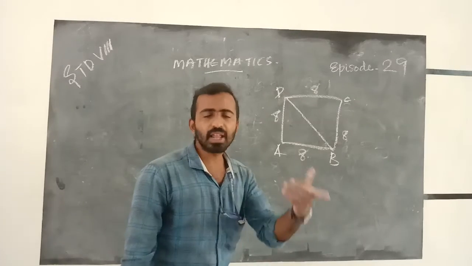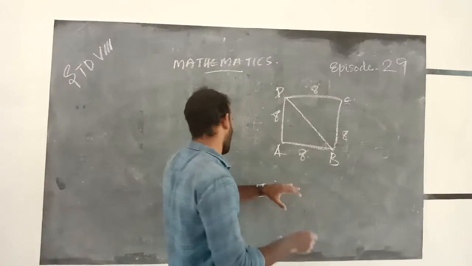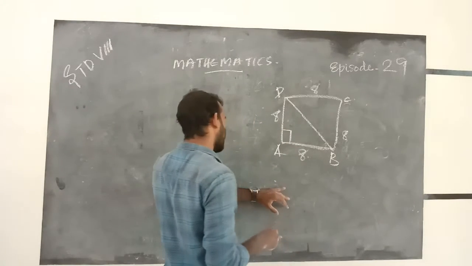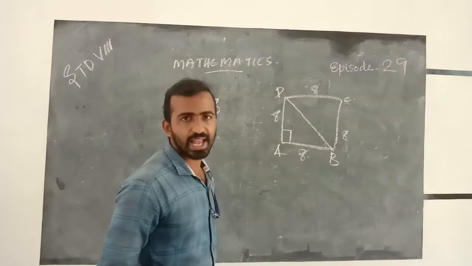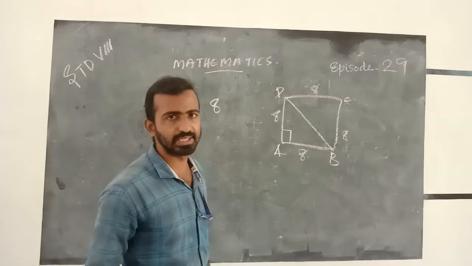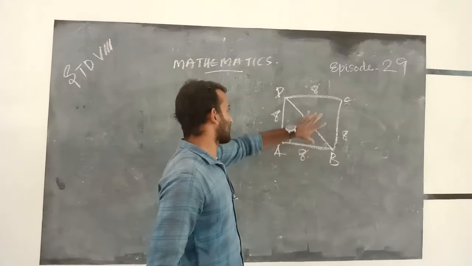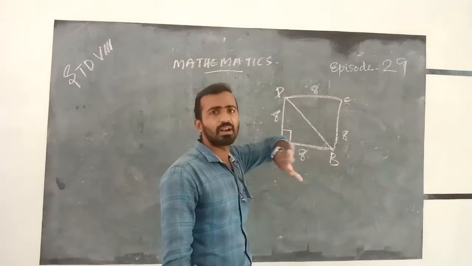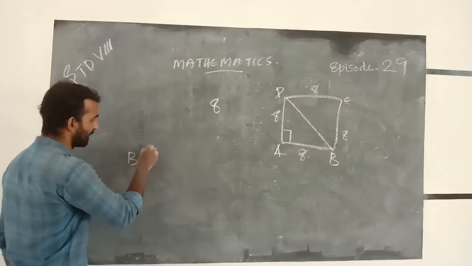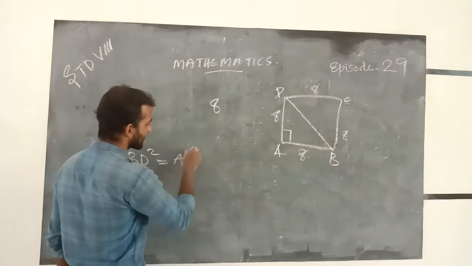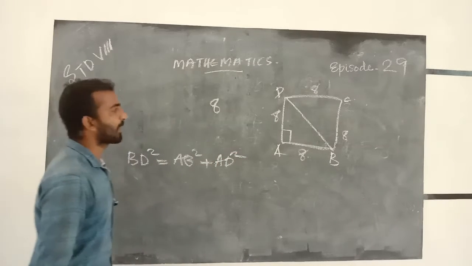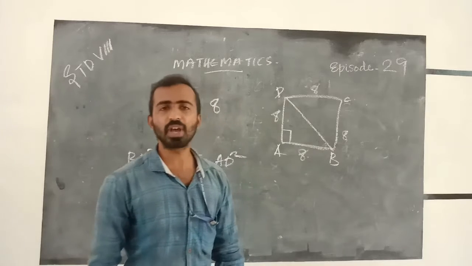Another property of a square is that its angles are right angles, or 90 degrees. Considering this right angle triangle, we can say that BD square equals AB square plus AD square.